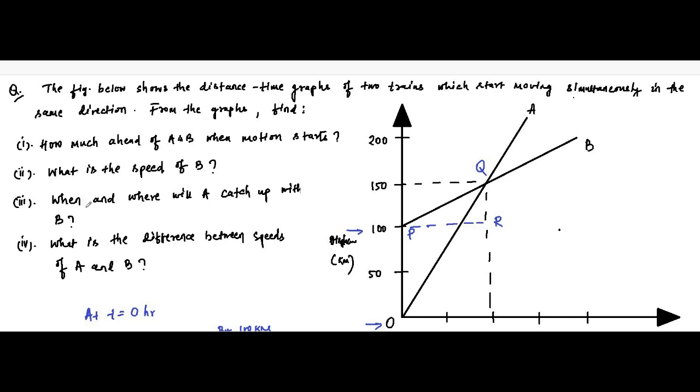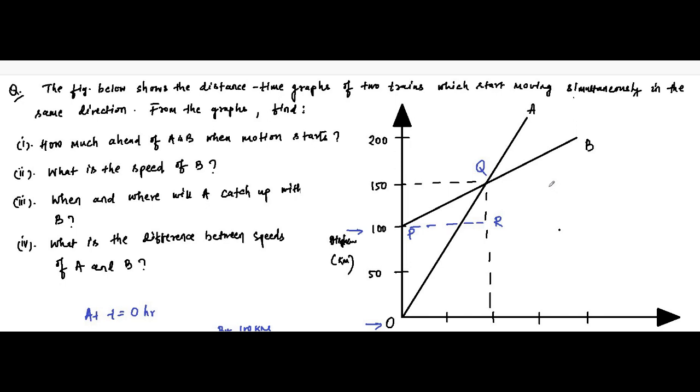Then it has been asked when and where will A catch up with B. It is at this intersection point Q where the distance traveled by both train A and train B is the same.